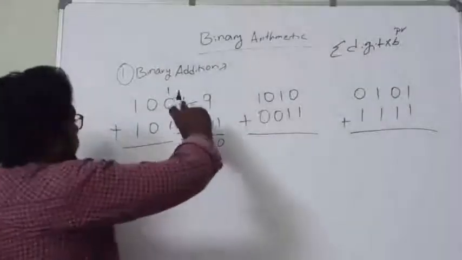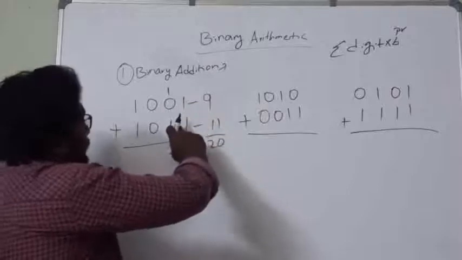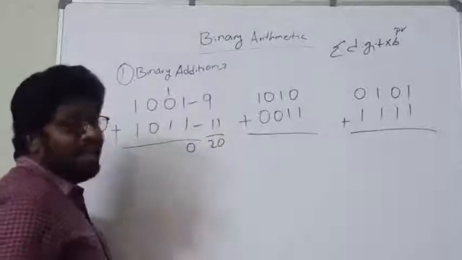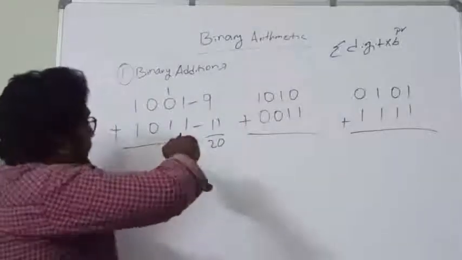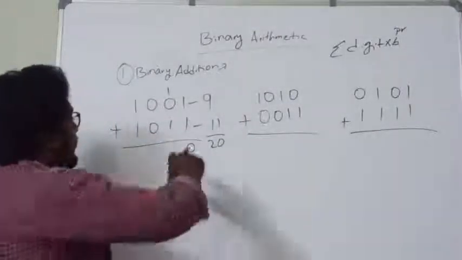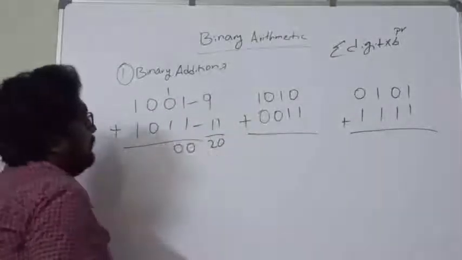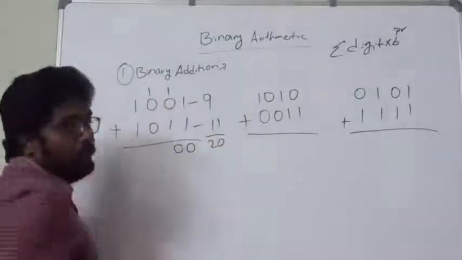Next, adding 0 with 1, the resultant will be 1, and we have the carry 1, so we add the resultant with the carry. That is 1 plus 1, the resultant will be 0 with a carry 1.